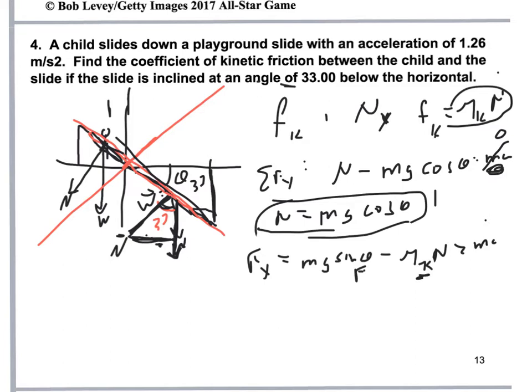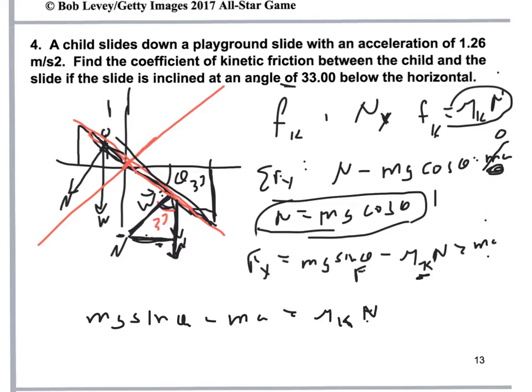So we'll put our mg sine of theta minus this ma, we're going to bring that over to this side, equals our mu sub k N. So now we're going to solve for mu sub k.